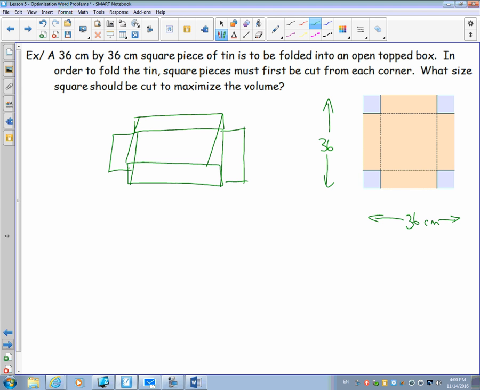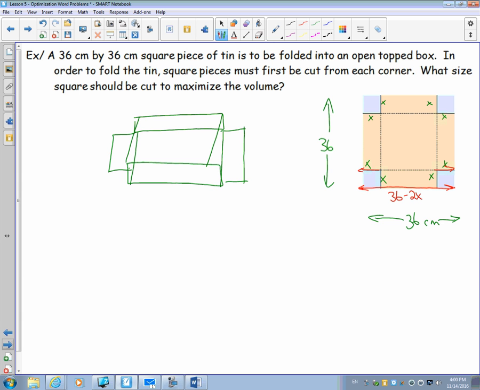What size square should be cut to maximize the volume? So we're going to cut out a piece that's got to be x by x. We don't know how big, but we know they're squares. Well, if I cut that off each corner, I start off with 36 from here to here. And if I cut off x amount from each side, I end up with 36 minus 2x in the middle.